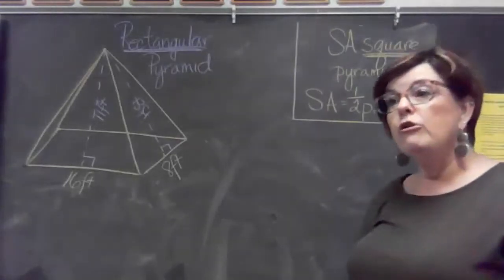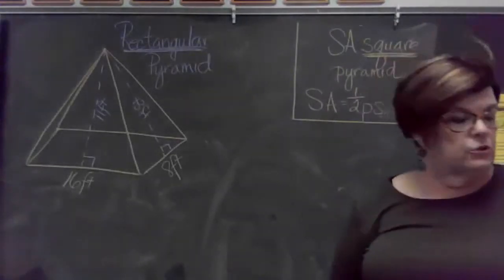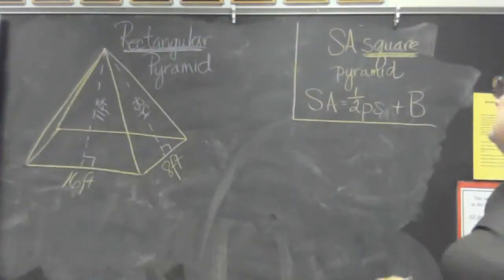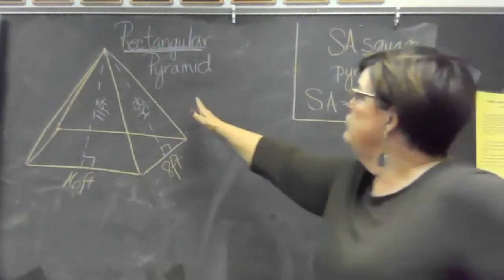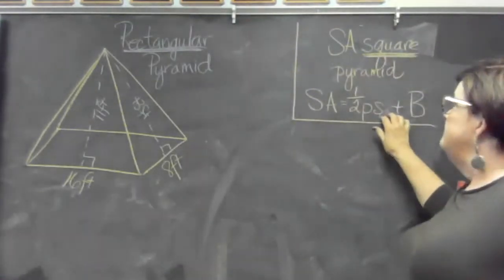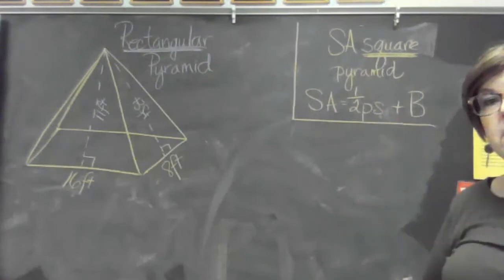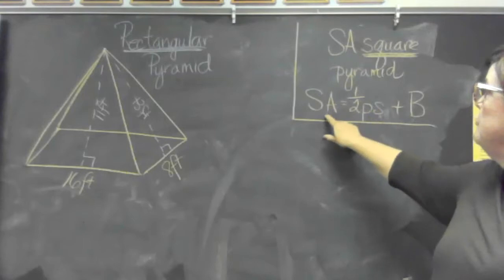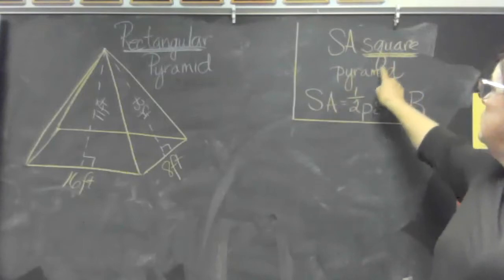I was in error when I said that, because we started to try to work one of those problems, and it ended up that the rectangular pyramid won't work with this formula. So the correct information is you still use this formula for surface area of a square pyramid.